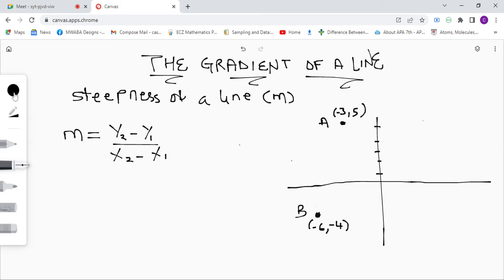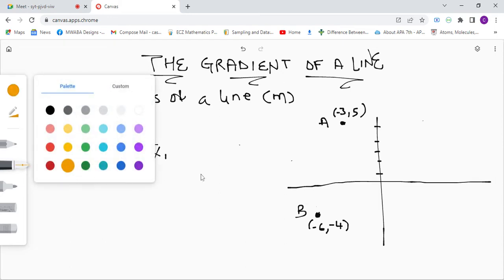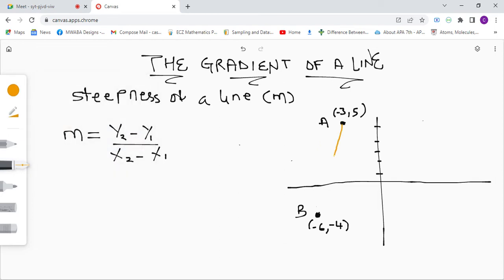So let's connect the points. If we connect the points, we can already see this line is very steep. Let's calculate the gradient, the steepness of this line.